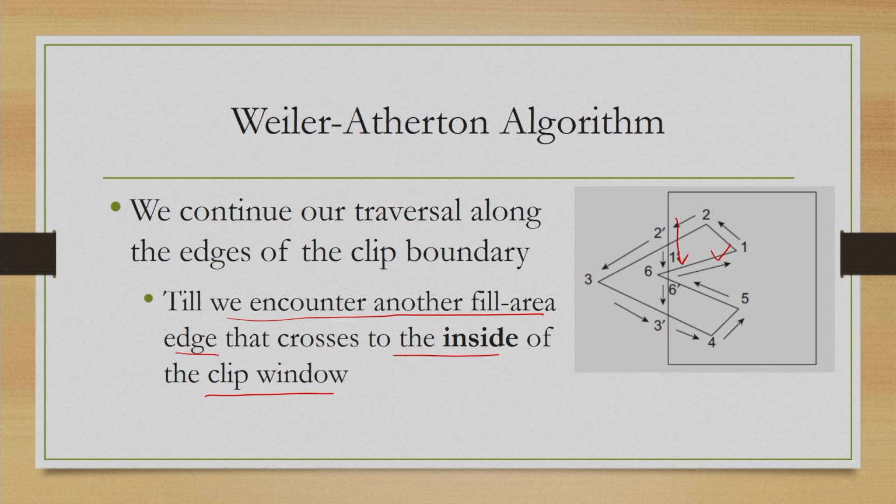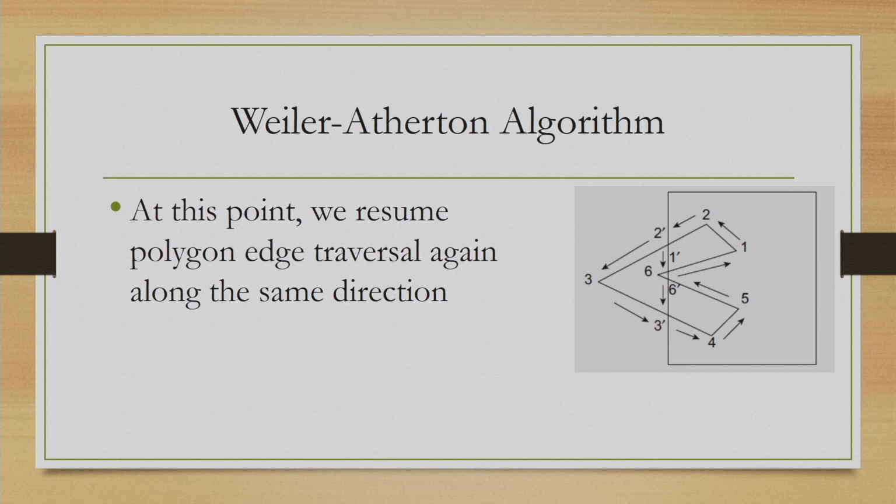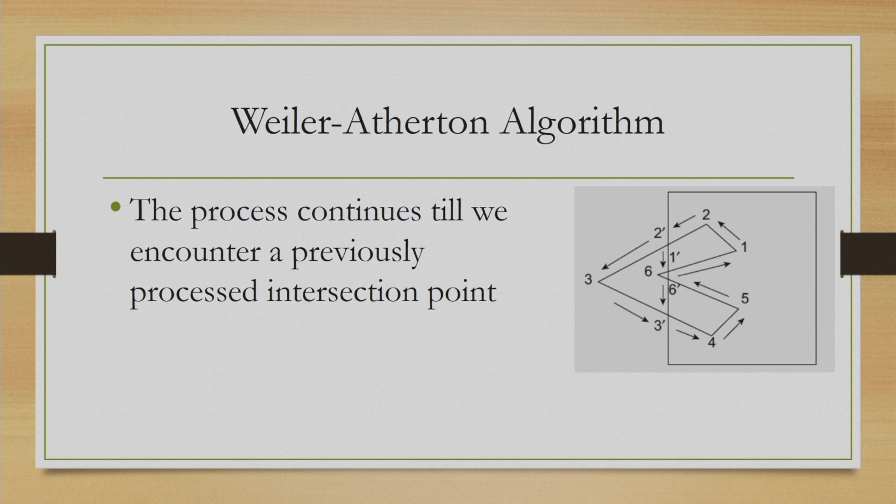At that point, what do we do? We resume the polygon edge traversal again along the same direction. So, we stop here and then again continue along the same direction till we encounter a previously processed intersection point.